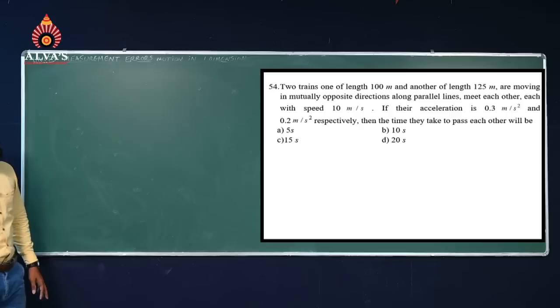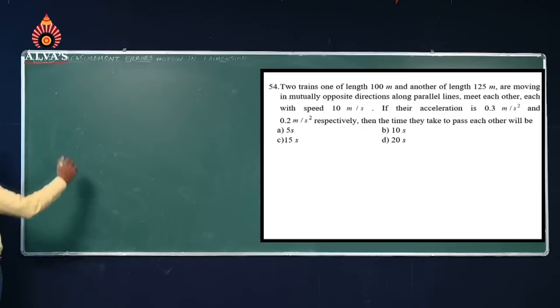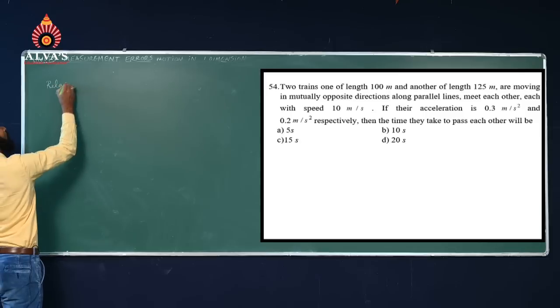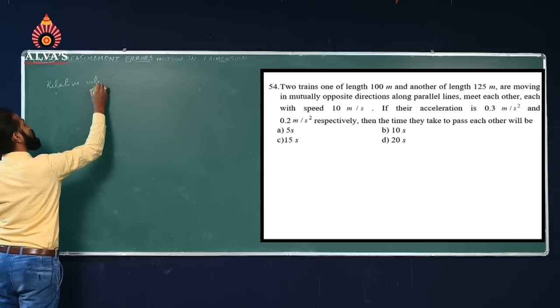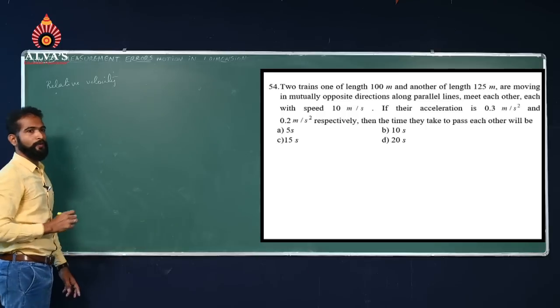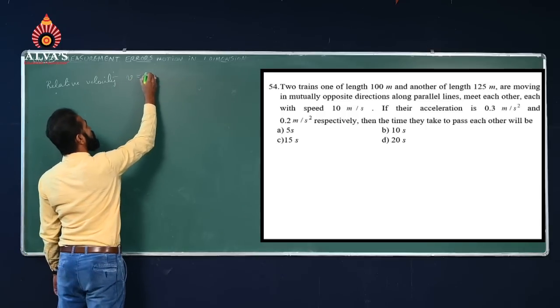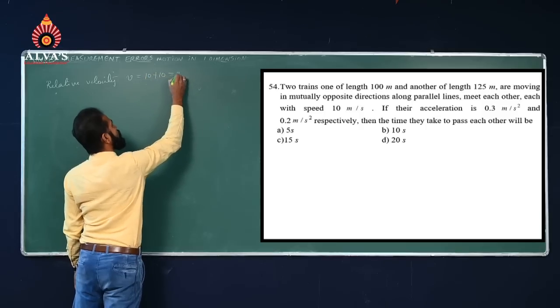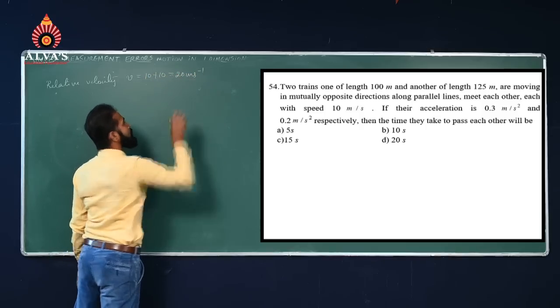So we have to take care of the relative concepts here. There are two trains, both moving in the opposite direction. So the effective velocity, or their relative velocity, will be the sum of individual velocities. That becomes 10 plus 10, that is 20 meter per second.